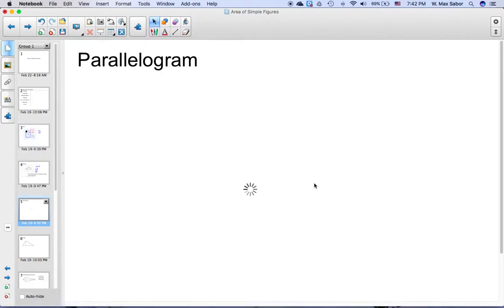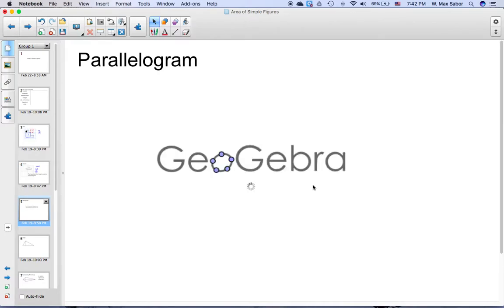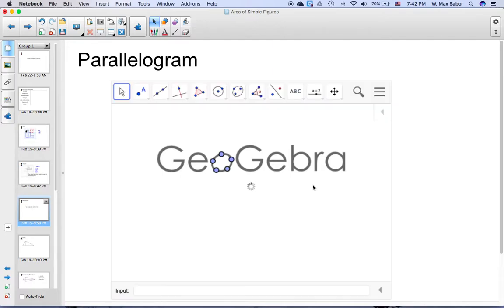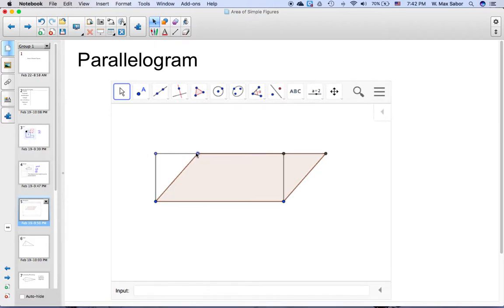A parallelogram can be related back to a rectangle. The rectangle is base times height, but if I slide it to make it a parallelogram, the triangle on the left has the same area as the triangle on the right.